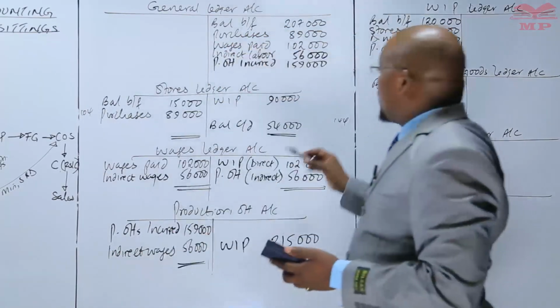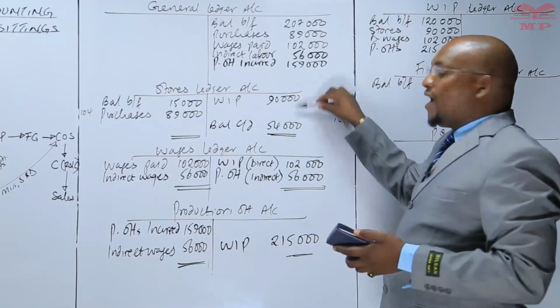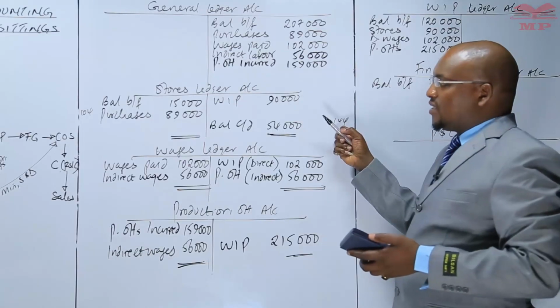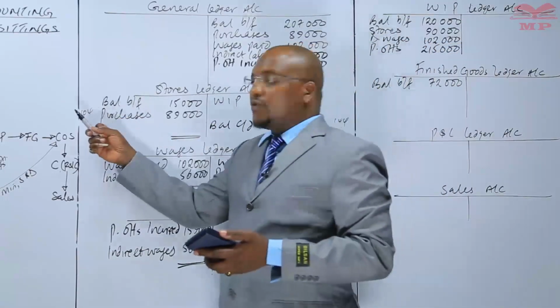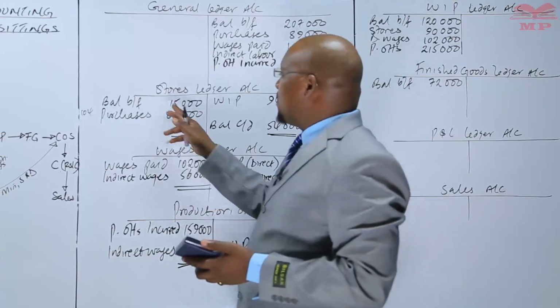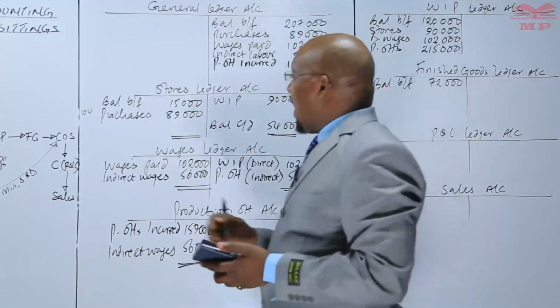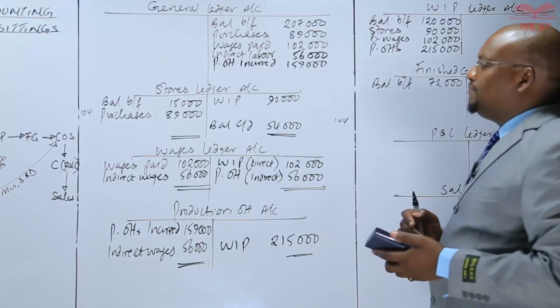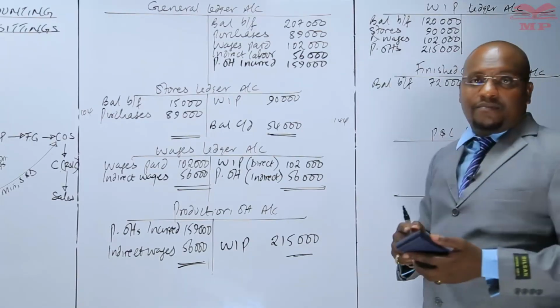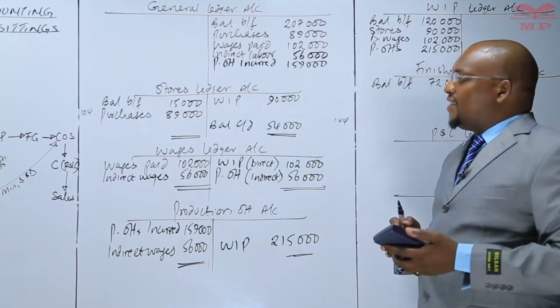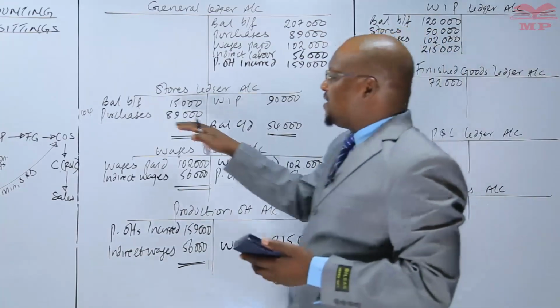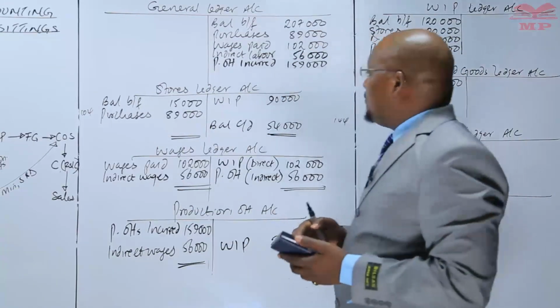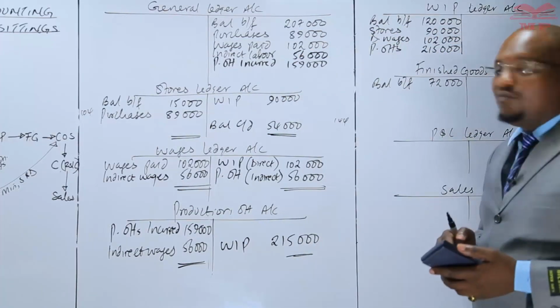Now that means there's no way we can work with more materials than we had, because the opening balance was 15 and we added 89. So we must be having some changes, and the changes either, if you never purchased materials, we may have returned some materials back to the store.